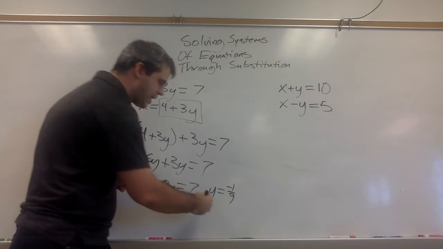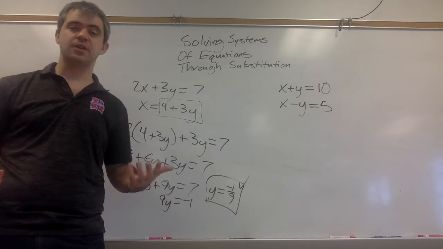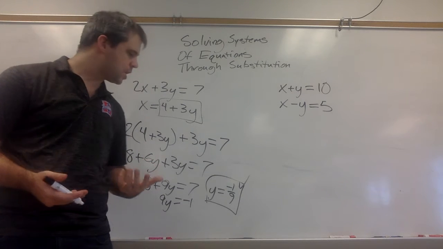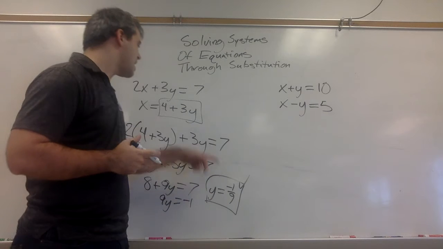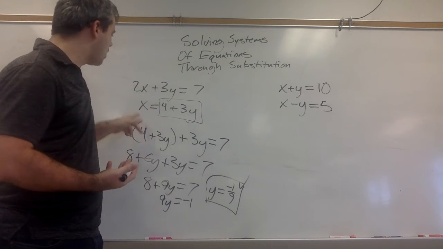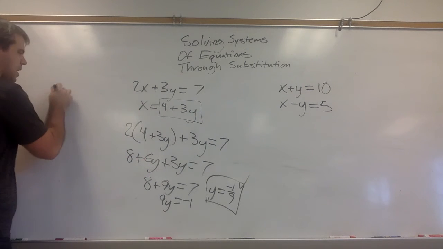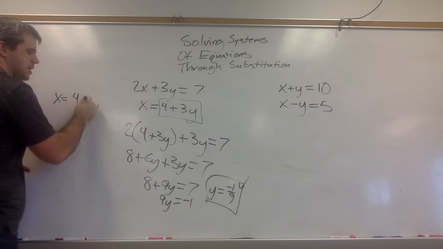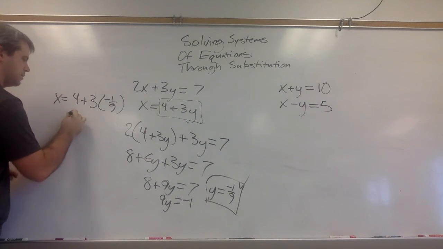All right, so we have half of our solution. Well, what am I still missing? I'm missing my x. So the way that you find your missing value is you take your y and you substitute it back in for one of these. Now, I prefer to do it for this one because it's already solved for x. So x equals 4 plus 3 times -1/9.